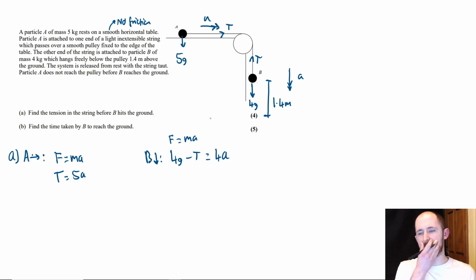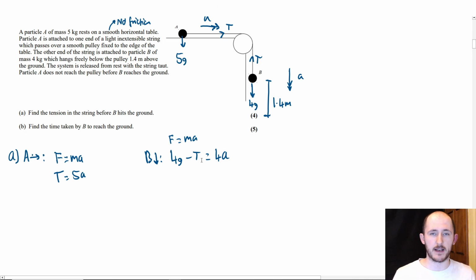Okay, so I'm looking at this and I'm like, okay, what can I do? Well, I can now substitute in for whatever I like. In the question, it says find the tension, so it makes sense to not cancel the tension out from my answer.